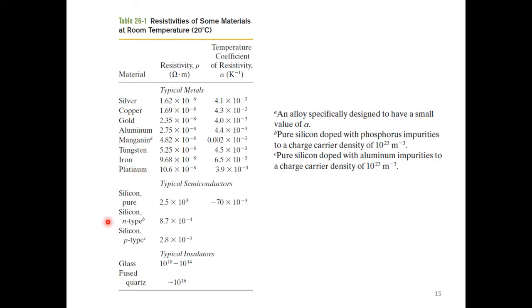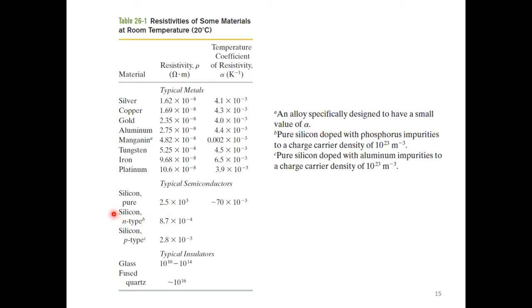And this part is the semiconductors. For an electrical and computer engineering student, you should be very familiar with silicon. You have N-type semiconductor and P-type semiconductor. Pure silicon has a very large resistivity.